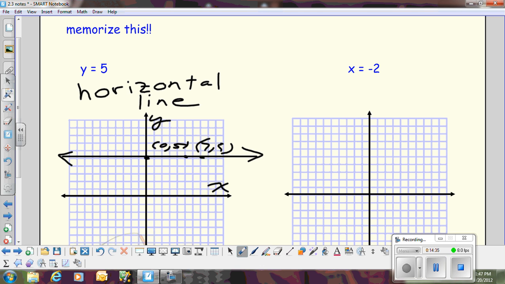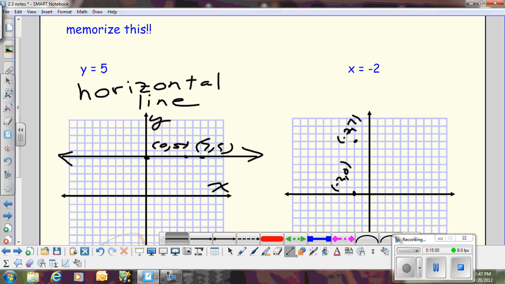This other one is a vertical line. Where's it going to cross the x-axis? Negative 2. What's another point on my line? Negative 2, 7. 1, 2, 3, 4, 5, 6, 7. Then you can draw your line between the 2 points.